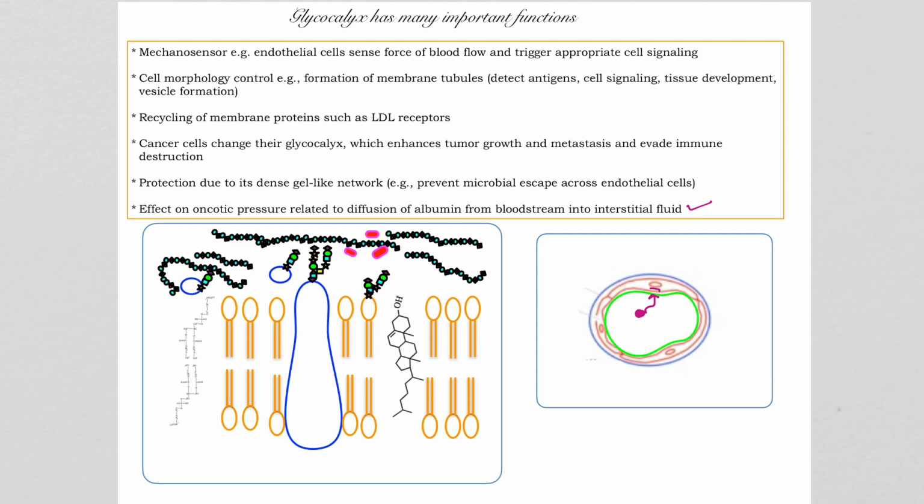So the glycocalyx is going to affect albumin transport across the endothelial cells from the bloodstream into the tissues. And that, of course, is going to have a very important effect on oncotic pressure because albumin is the major protein that affects oncotic pressure.